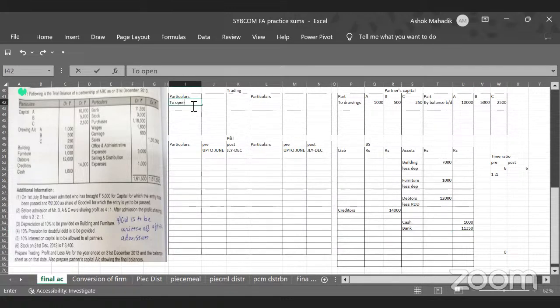To opening stock 3,000. Then purchases. So to purchases 118,000. Then wages. So I'll write to wages.